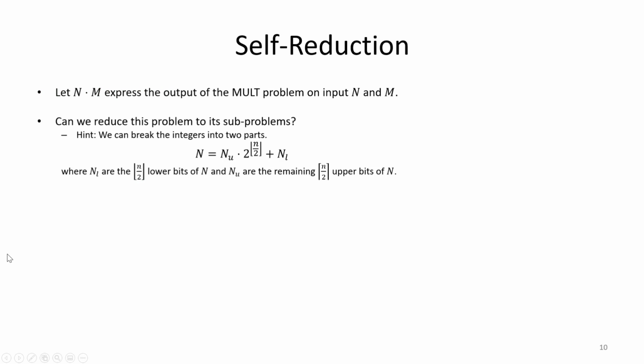Okay, so to get started, let's do the splitting into subproblems that I mentioned. Let's try and split our integers n and m into two parts, their upper and lower bits.